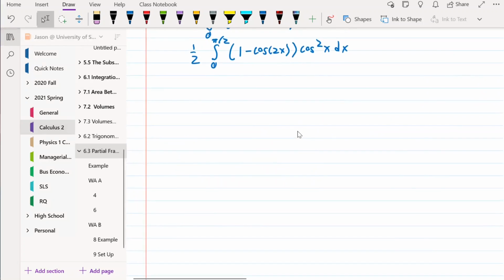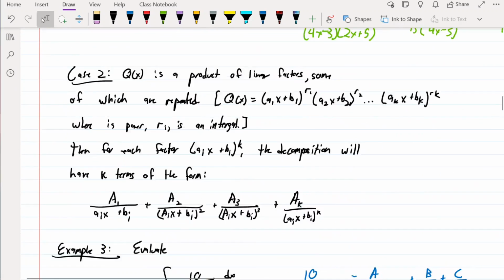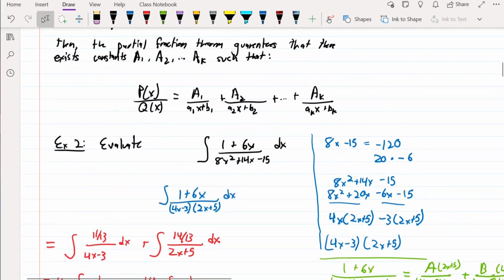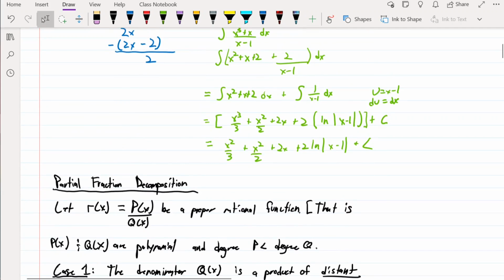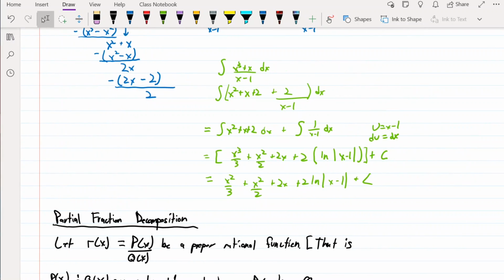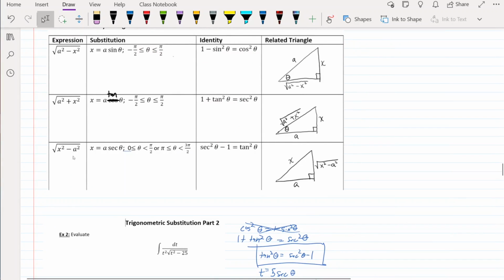That will be in partial fractions. Oh, wait, no, it won't be in partial fractions. It'll be in 6.2. Wait, no, he's right. Am I right? Oh yeah, I think so, with the 1 minus.